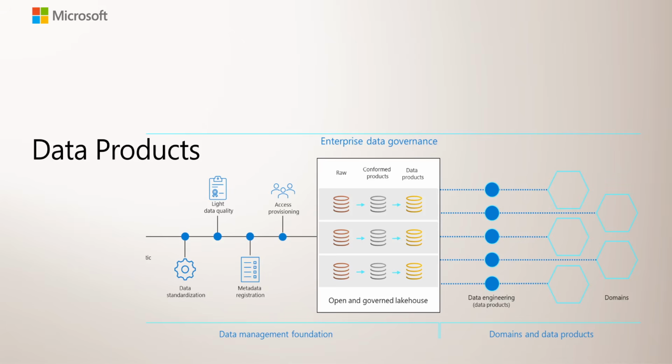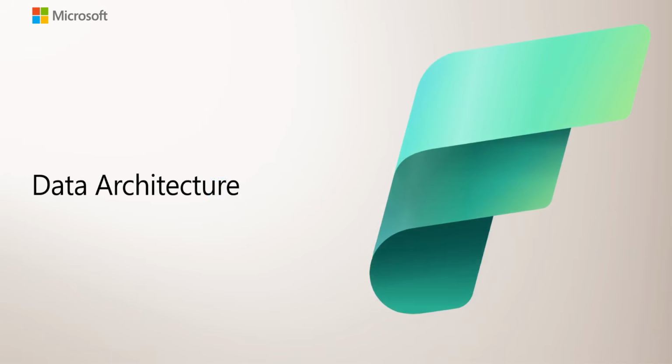They are universal principles, and if you stick to them, you'll be able to build out federated environments with Microsoft Fabric. So if we quickly now go to the data architecture side of things, let's look at some of the reference architectures.